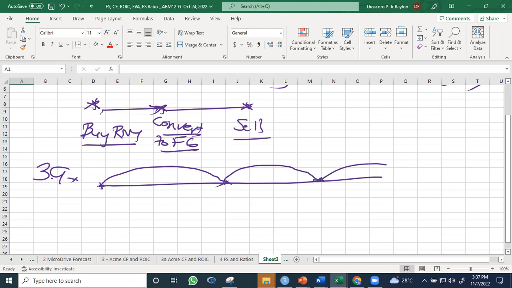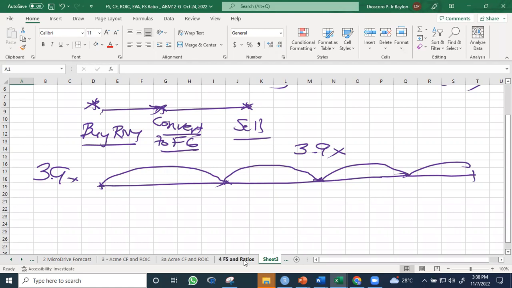Do the process again, 3. And do the process again. So this is 3.9 times. 3.9 times the company is able to buy raw materials, convert to finished goods, sell. Same process, 3.9 times.